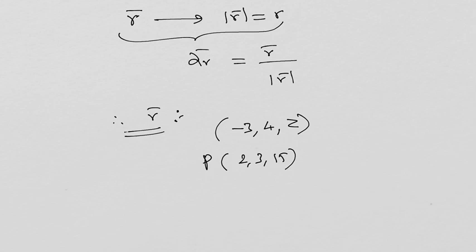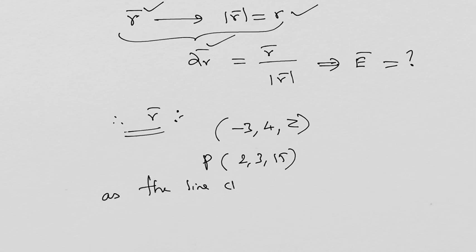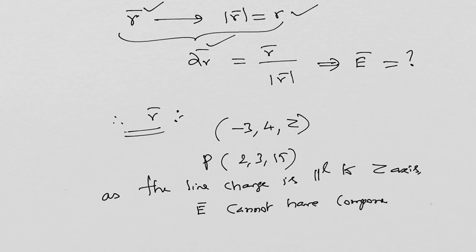Hence, Z need not be considered while calculating the vector R, because R, magnitude of R, AR, all these things will be substituted finally to find out what is E. So, as the line charge is parallel to Z axis, E cannot have a component in Z direction.